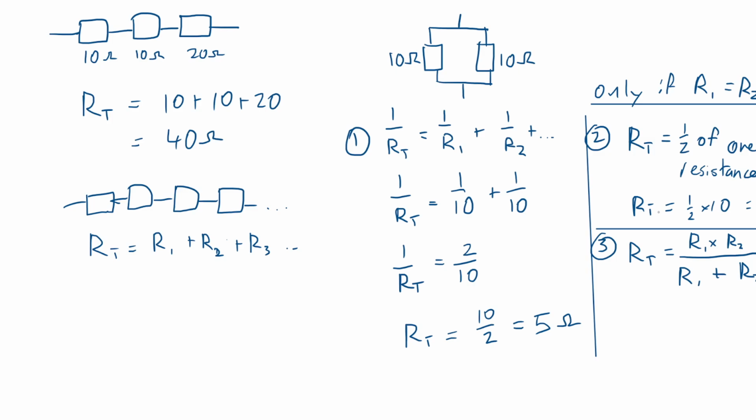This works for 2 resistors in parallel, not 3, just 2. So in this example, 10 ohms times 10 ohms over 10 ohms plus 10 ohms, 100 over 20, which gives 5 ohms. They all work.